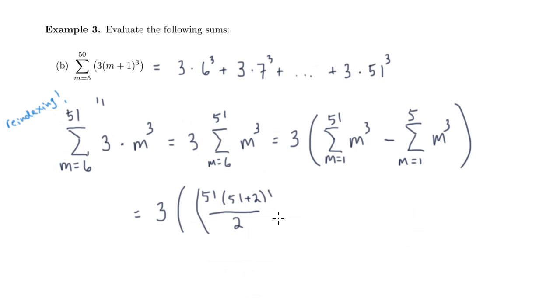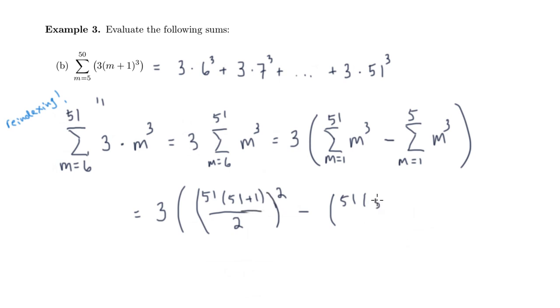That quantity squared. So remember, adding up the cubes is like adding up the numbers and then squaring that value. That really cool fact that we knew. And then minus, well, similar thing. This is just going to be 51 times, I made a mistake here. This should be 51 plus 1. There we go. And that's squared.